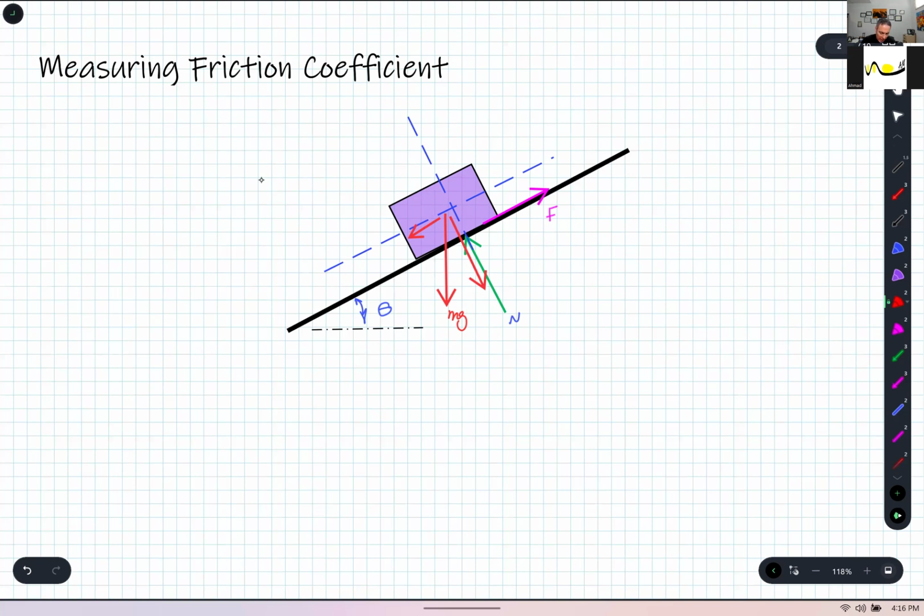One is mg sine theta, and this one is mg cosine theta.